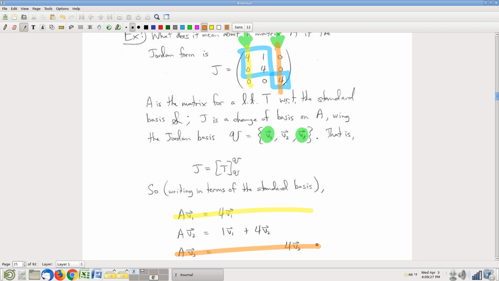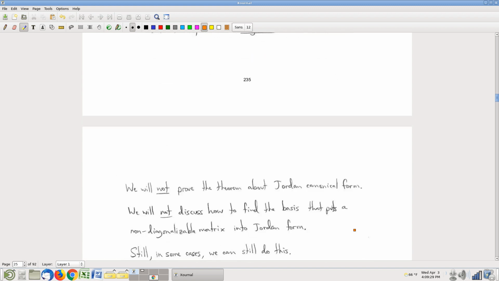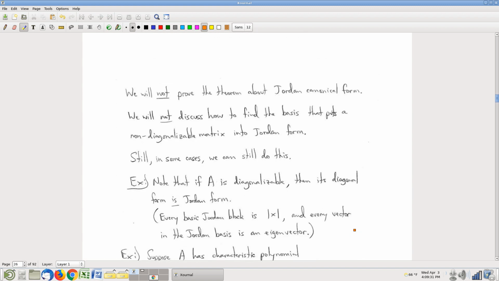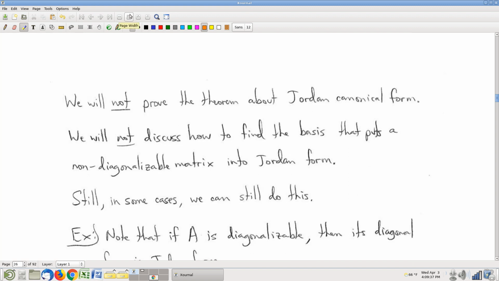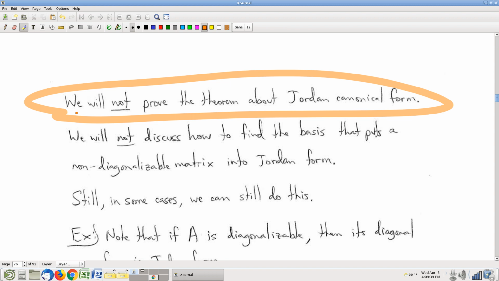All right. Okay. Real quick, before we run out of time, let me just tell you what we're not going to do about Jordan form in this class. We're not going to prove that every matrix can be put into Jordan form. It's beyond what we can do in this course. We're not going to prove that Jordan form is unique up to rearrangements. It's beyond what we can do in this course.